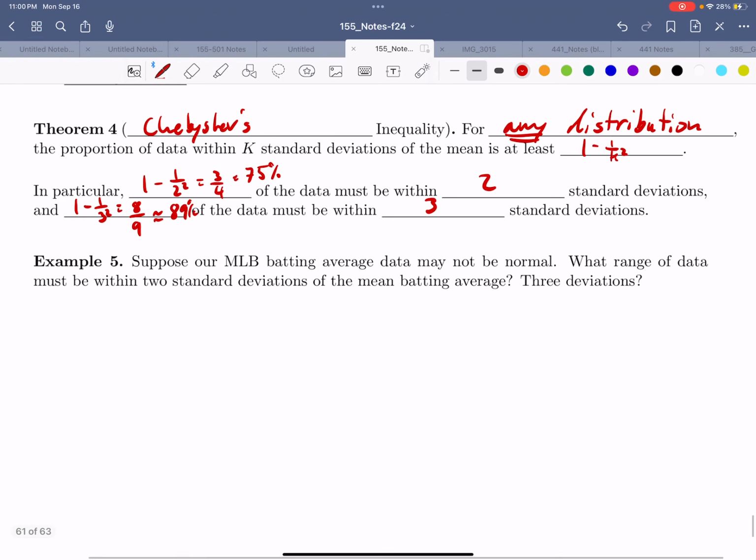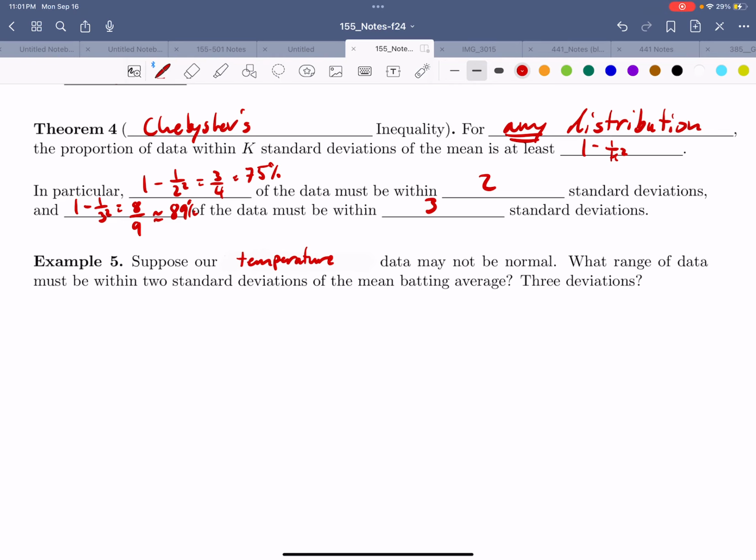So suppose, whoops, we're not referring to this, we're referring to temperature data. Forgive me there. Suppose our temperature data is not normal, which it's not, frankly.